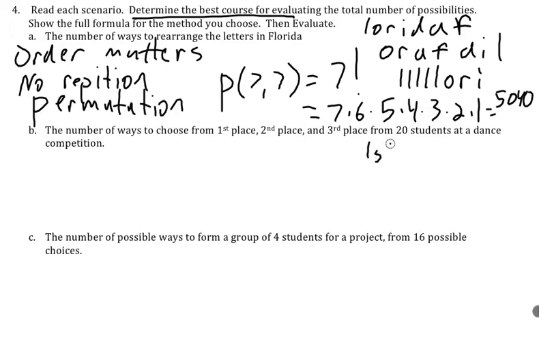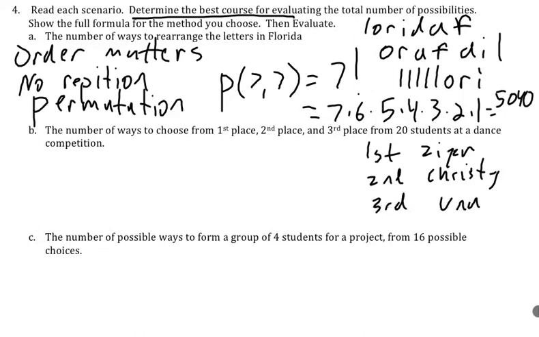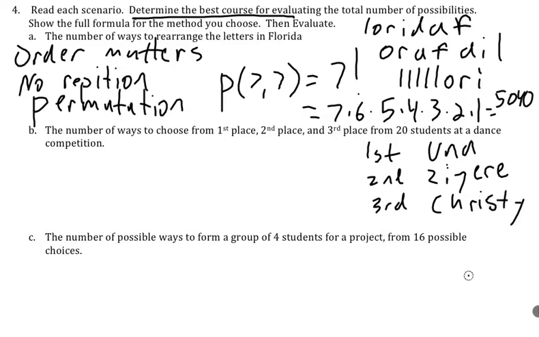If first place was Zaire, second place was Christy, and third place was Una, I think that's different from saying Una's in first place, Zaire's in second place, and Christy's in third place. I'm pretty sure Una, Zaire, Christy would be a different decision than Zaire, Christy, Una. So I've written out an example. We've decided that order matters.